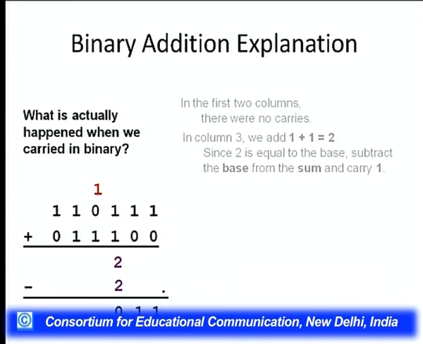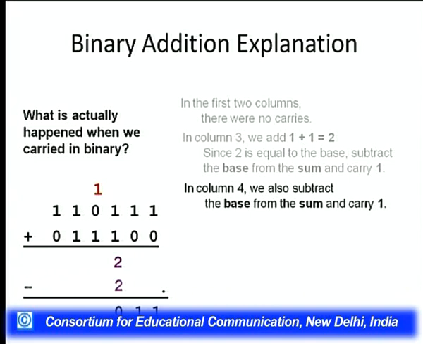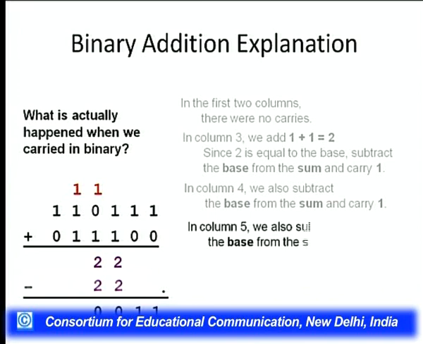Then again you have 1 plus 0 is 1, and 1 plus 1 again is 2. So, in column 4 also we subtract the base from the sum and carry 1. This again becomes 0 and you carry 1. In the next column the sum becomes 3, and you subtract the base 2, so the answer is 1 and the carryover is again 1.